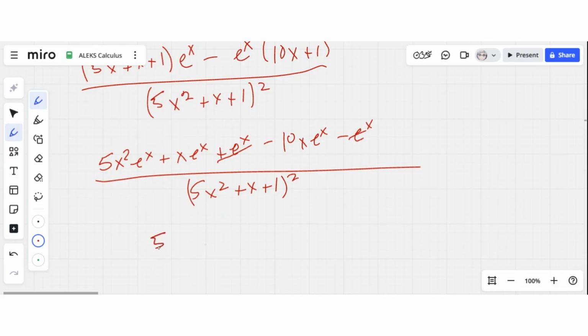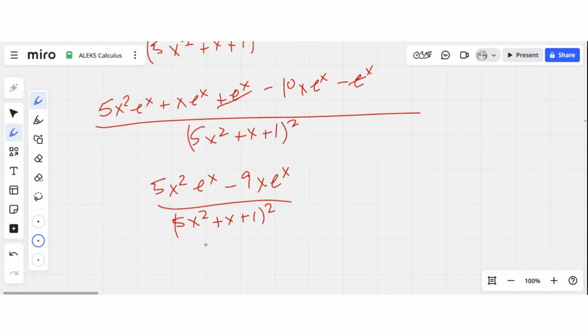So this is going to be 5x squared e to the x minus 9x e to the x. And the rest of it's canceled out, and that's over 5x squared plus x plus 1 quantity squared. Okay, so I think we've gotten to a point where it's just pretty simple. Actually, I'm going to factor out an e to the x on top. So e to the x gives us 5x squared minus 9x.